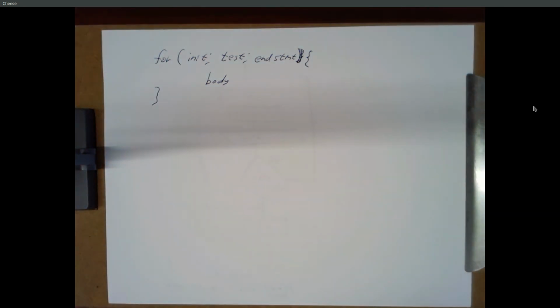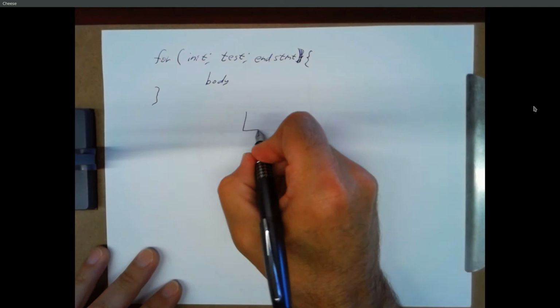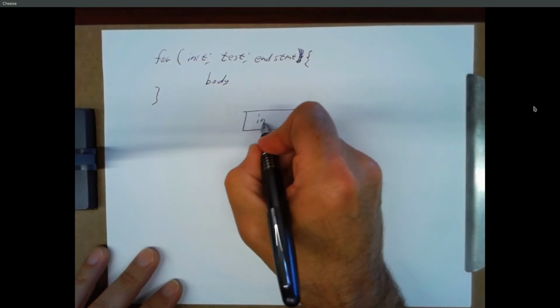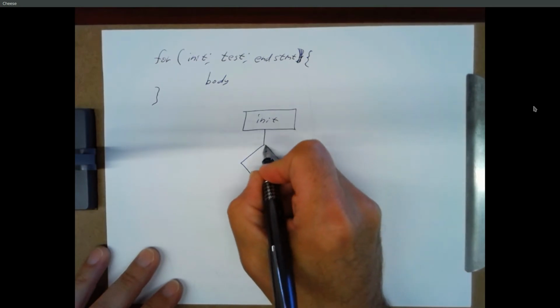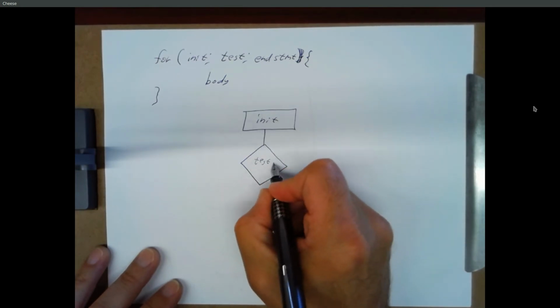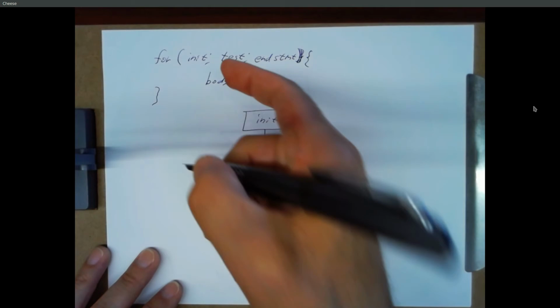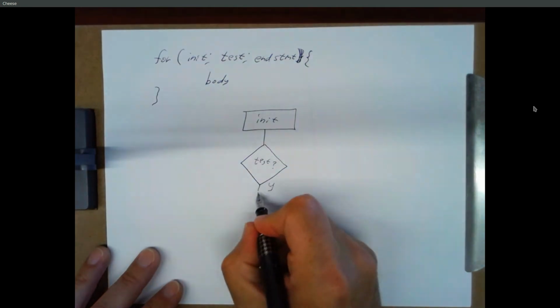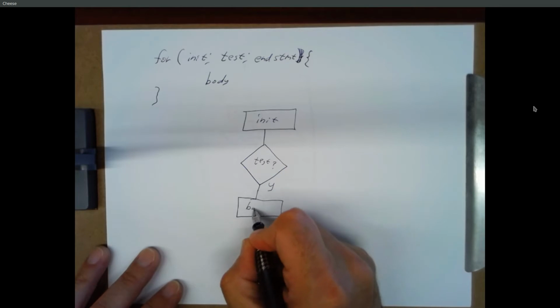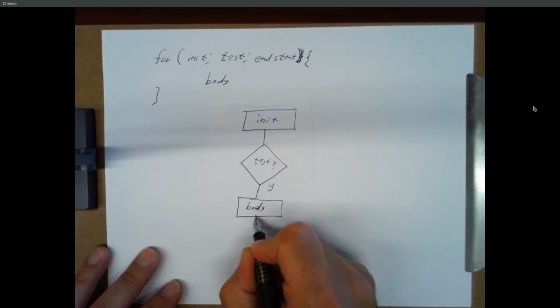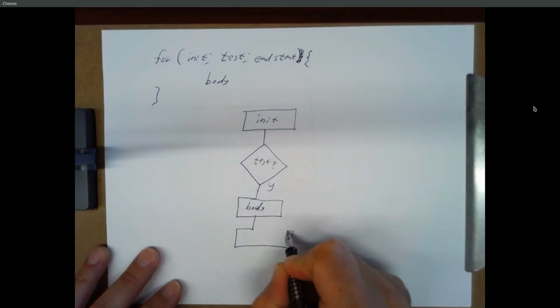So if we wanted a flow chart for this, exactly the same thing. First thing we do is our initialization. And then we check our test. And if the result of this test is true, or yes, then we do the body of the for loop. And we do our end statement.